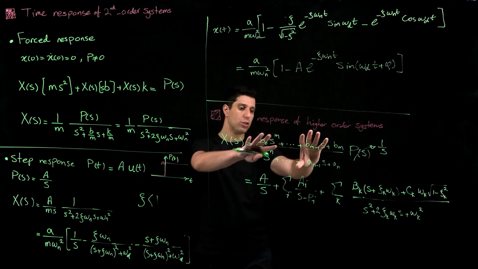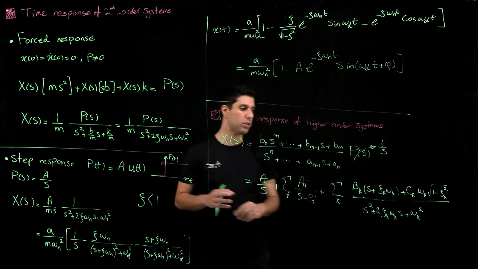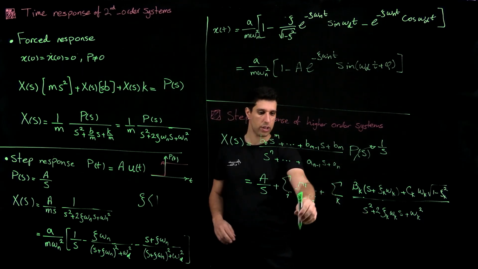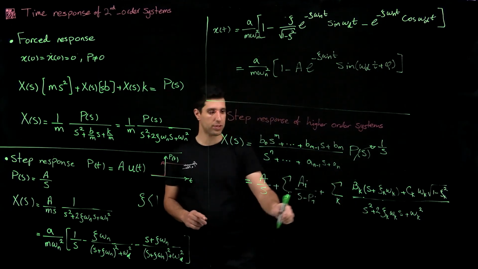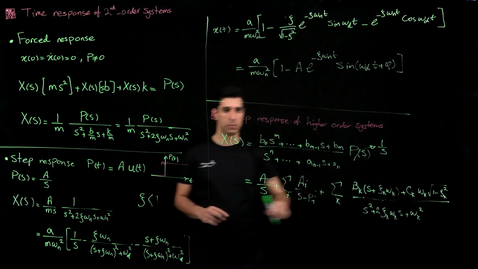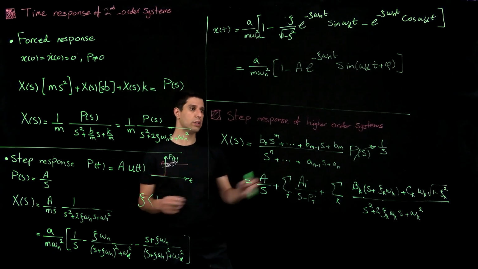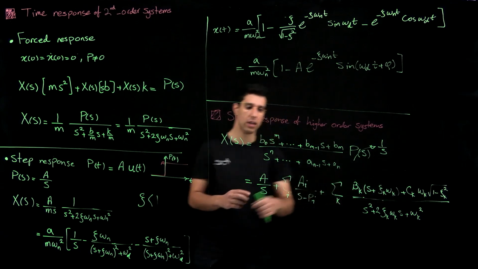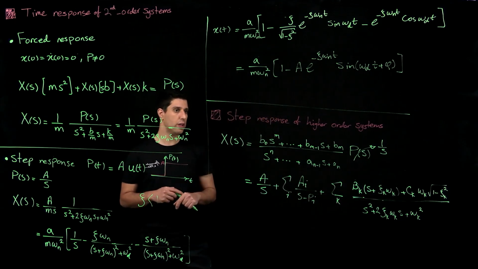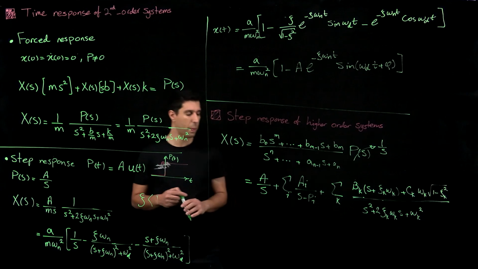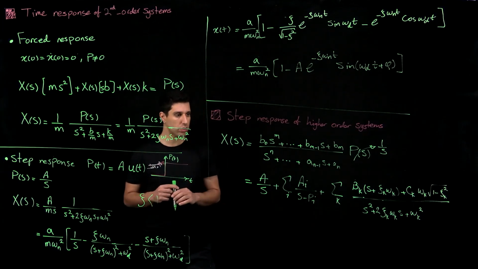So we can always do this and convert it to that form. And what you can see is essentially a combination of some first order response and some second order response. So any higher order system will fundamentally have only these kinds of characteristics, with maybe one exception, but even then it is considered here when we have repeated poles.